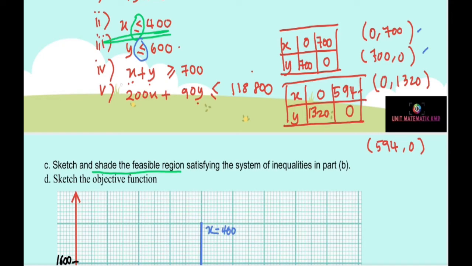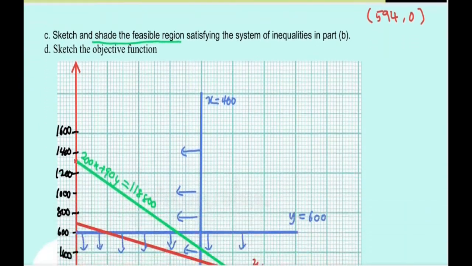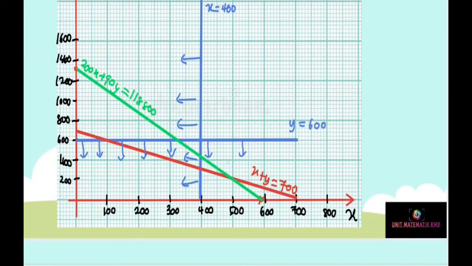Then number 4, x plus y greater than or equal to 700. So the shaded region must be above this line. The red line, so the feasible region must be above this line because the sign is greater than or equal to.